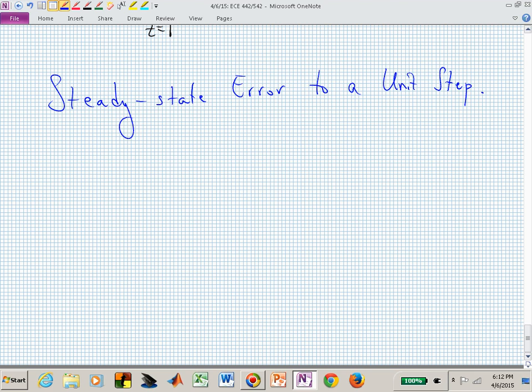Really fast? Or does it just instantly go to 3? Does it smoothly go to 3? How does this go to 3? Can you tell me? Can you sketch? If you had an interview and the interviewer, she goes, what's the output response of this system?